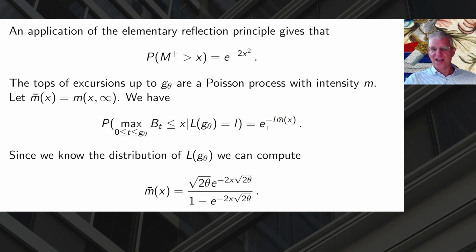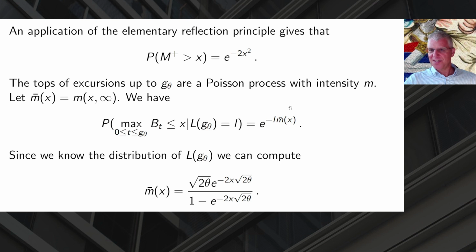So if you look at this side, all the heights of excursions are smaller than x. If you have 0 excursions that are higher than x, it's the pictures that we had here in the corner before. And this very much looks like a Poisson process.